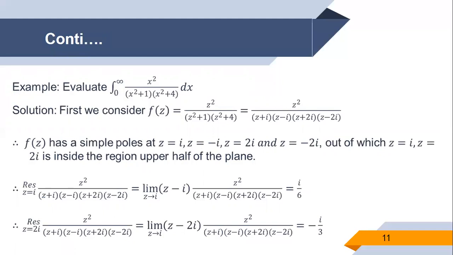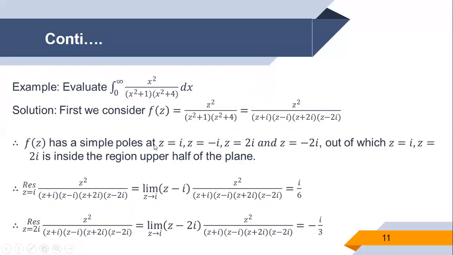So both points are in the upper half of the plane. Now z is equal to minus i where y is negative, minus 2i again y is negative. That means both are outside the upper half of the plane.